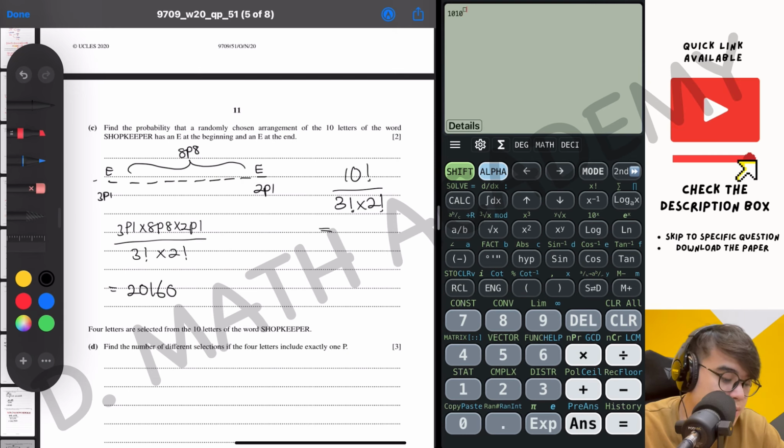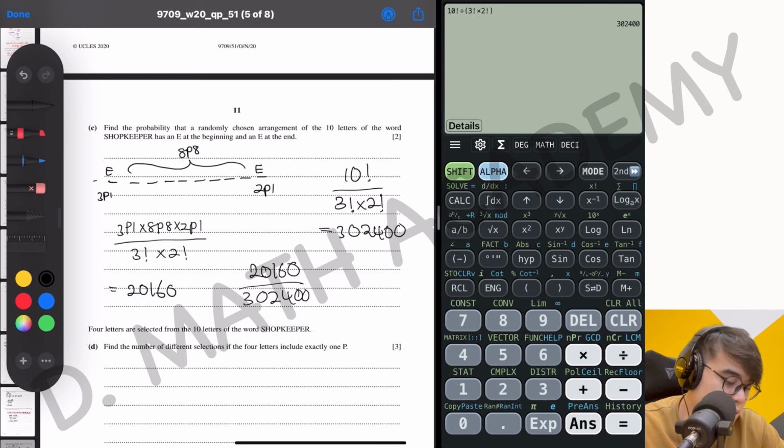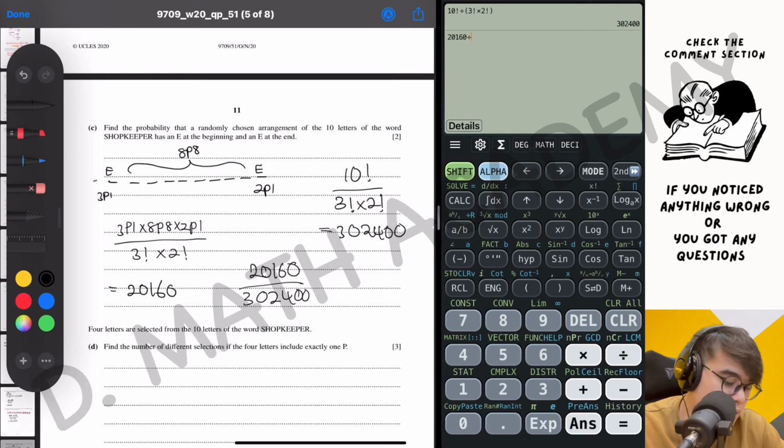So 10 factorial divided by 3 factorial and 2 factorial. You have a result of 302,400. So to find the probability, put these two against each other. 20,160 divided by that answer, you will get 1/15. Okay, that's how you find the answer for section C.